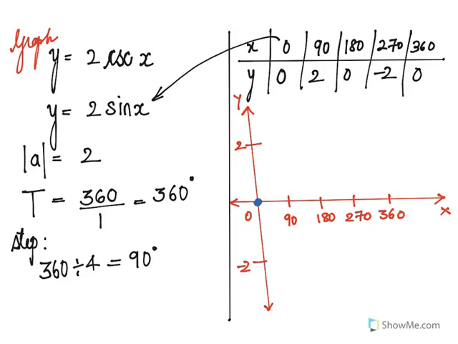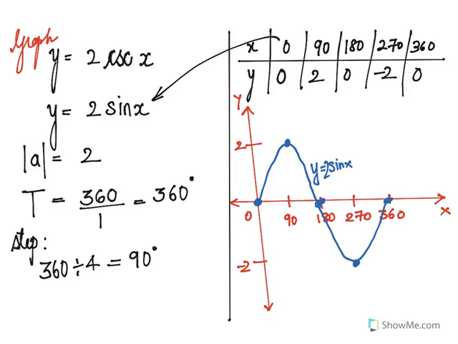At 0, it is at 0. At 90, it is at 2. At 180, it is at 0. At 270, minus 2. At 360, it is at 0. So I connect them with a smooth curve, and this is how it will look. So this is the graph of y equals 2 sine x.